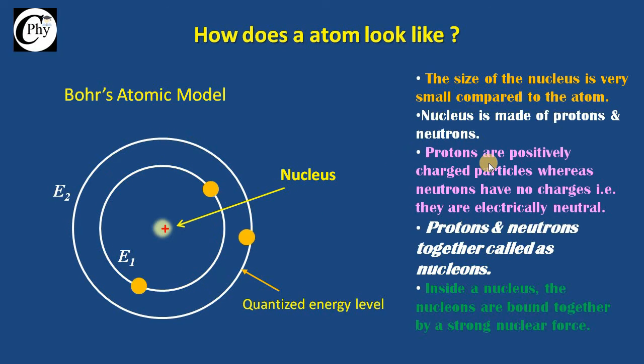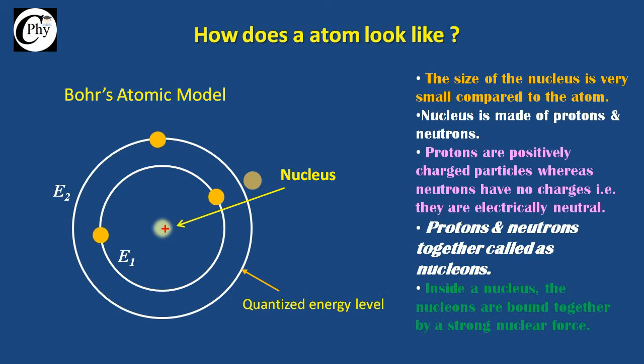Now you should understand the size of the nucleus is very small compared to the size of the atom. And the nucleus is made of protons and neutrons. The protons are basically positively charged particles, whereas the neutrons are neutral particles. They don't have any charge. These protons and neutrons are together called nucleons, and these nucleons are bound together inside a small region called the nucleus by a very strong force which is known as nuclear force.